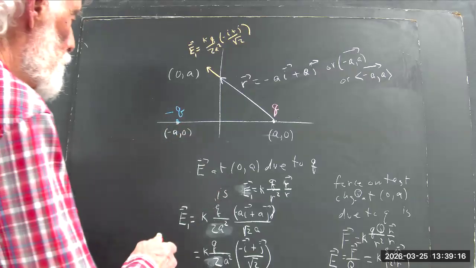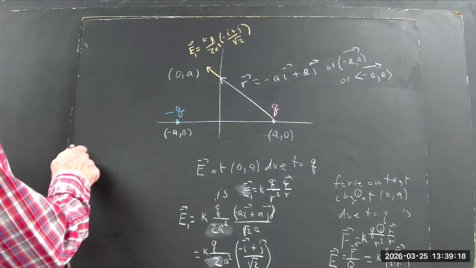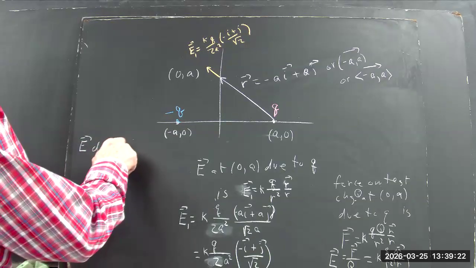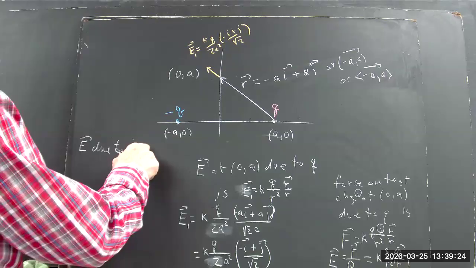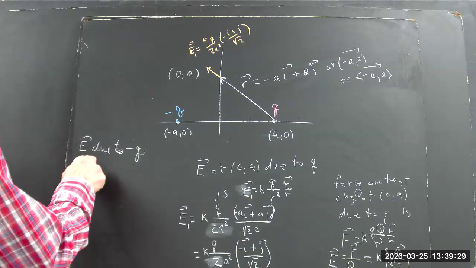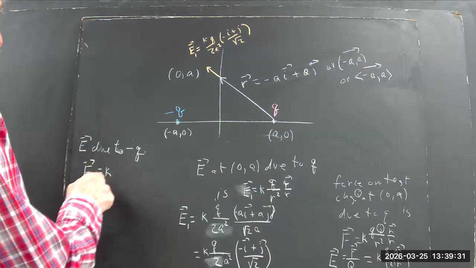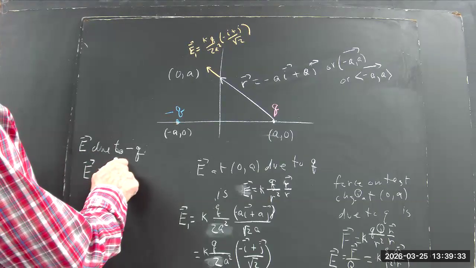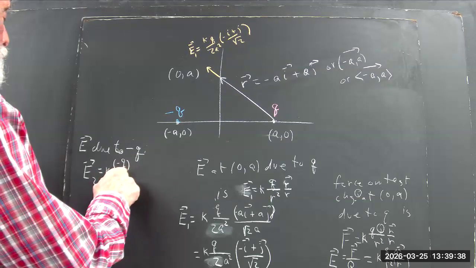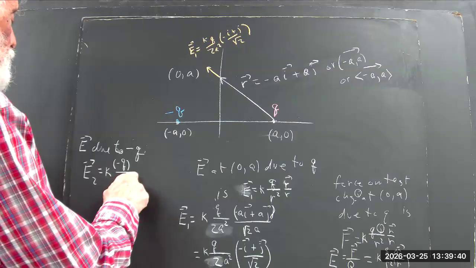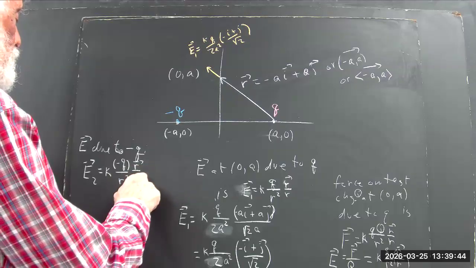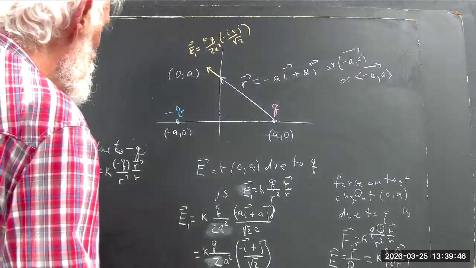Now, doing the calculation for negative q, I'm going to call that E2. It's k times negative q over r squared times r divided by r.